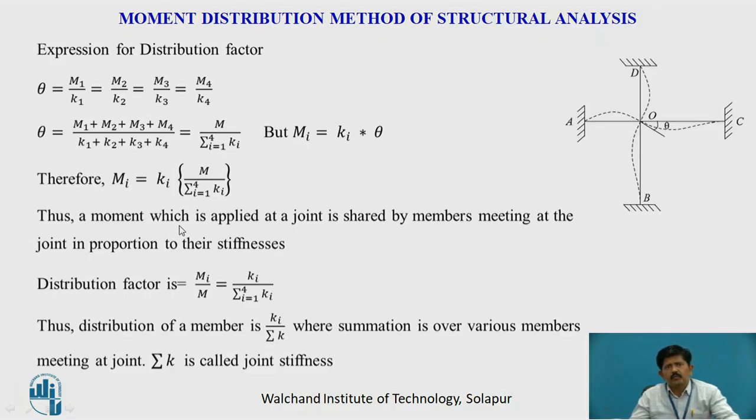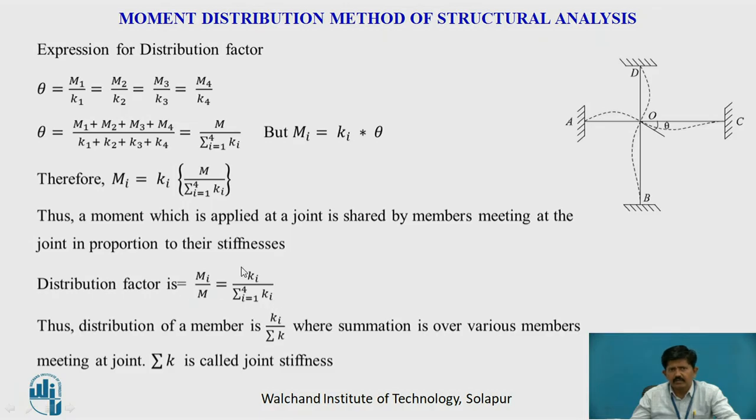Thus, a moment which is applied at a joint is shared by the members meeting at the joint in proportion to their stiffness. Now, distribution factor is equal to Mi upon M. So, that is equal to Ki upon summation of Ki.